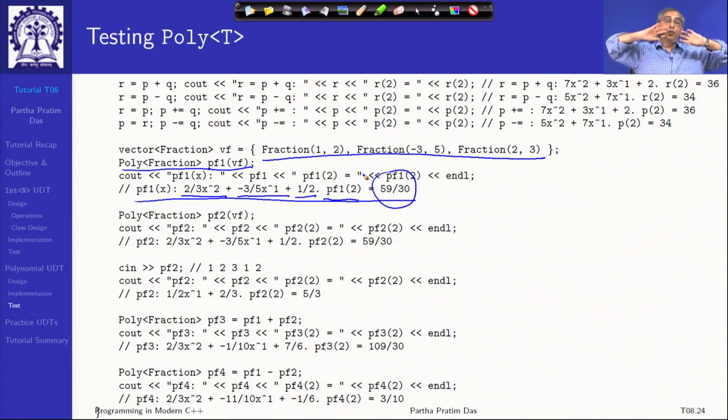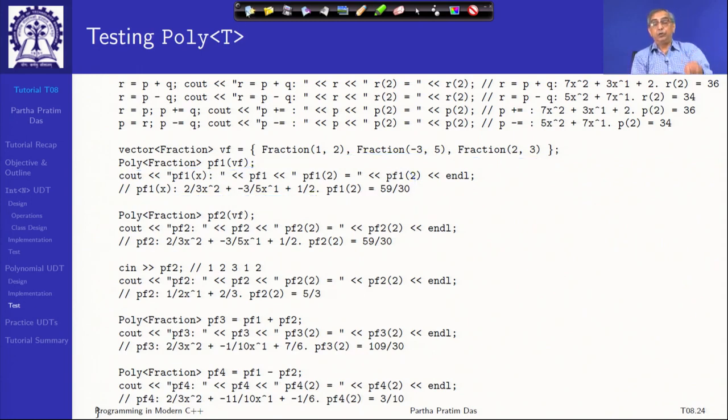So, you can see that we had built a fraction class, fraction UDT, to operate only with fractions. We have built a polynomial UDT to operate on polynomials of various types, and now we are using the fraction in a polynomial. So, I can have a polynomial with fractional coefficients and fractional value.